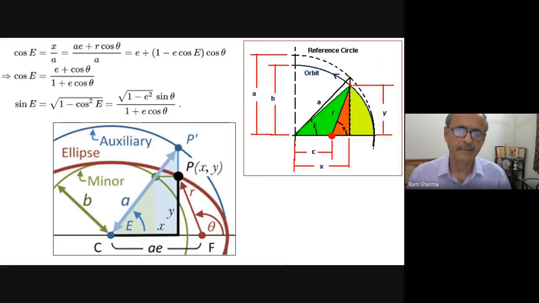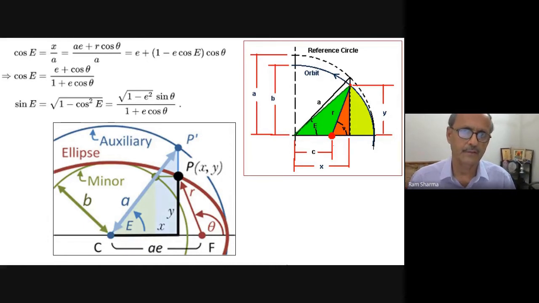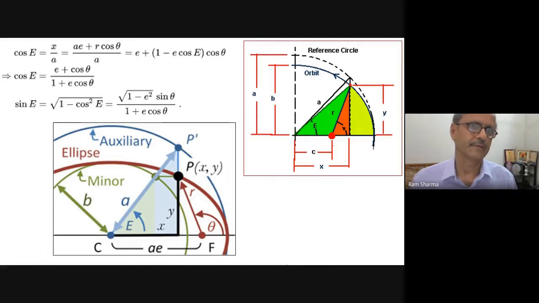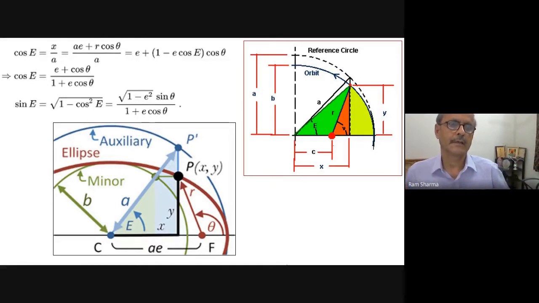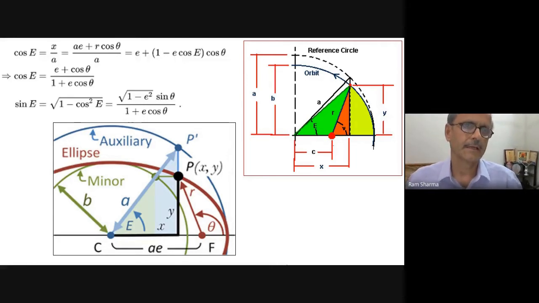Capital E is also there, so we can utilize that expression too. After simplification, we get cos E in terms of the true anomaly. So this is a relation for the eccentric anomaly: cos E = (e + cos theta) / (1 + e cos theta), where theta is the true anomaly and E is the eccentric anomaly.